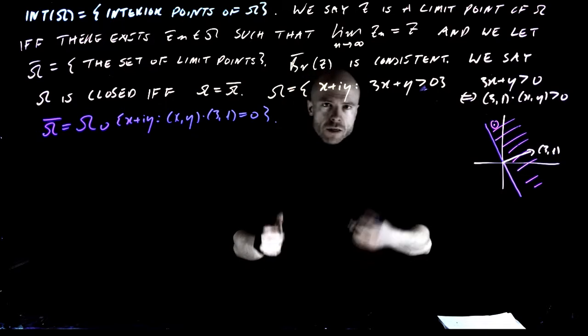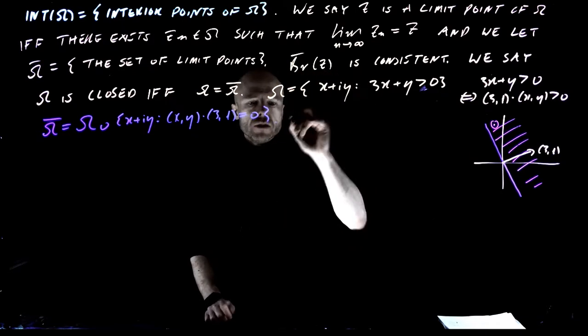And a compact set is a closed and bounded set. So we say something is bounded.